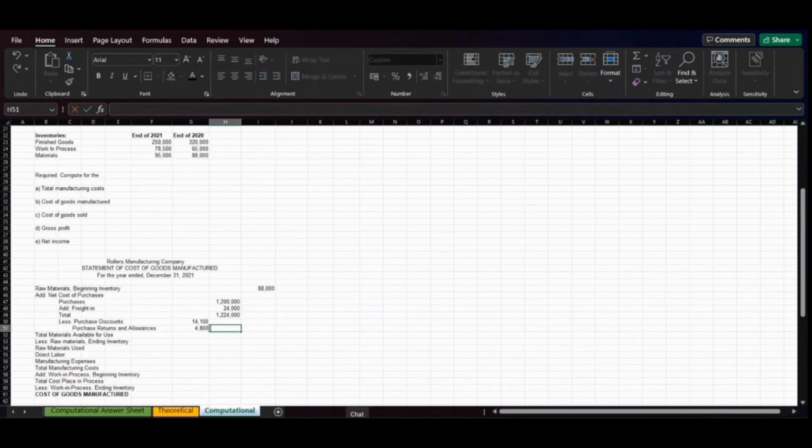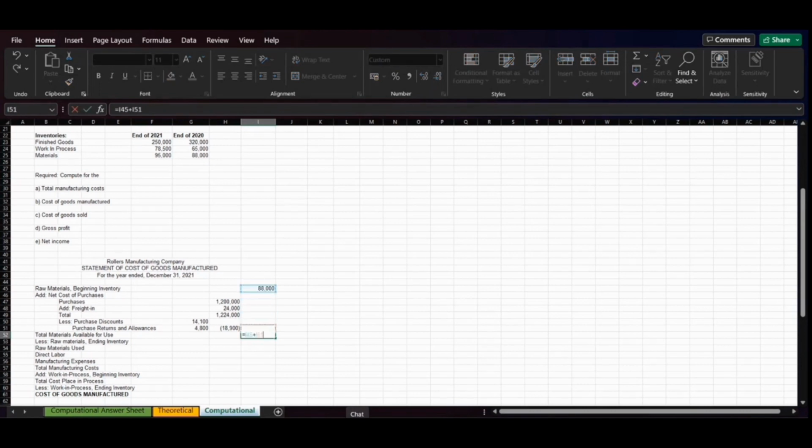Kaso, negative sum, since less siya. Ayan. So, ang total niya is 1,205,100. So, to compute for the total materials available for sale, i-add natin yung beginning inventory for raw materials.